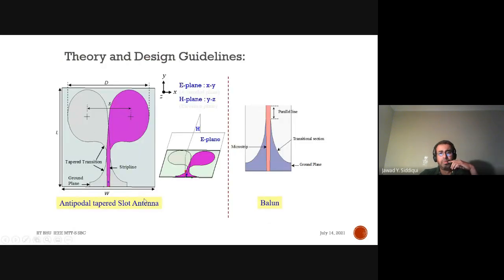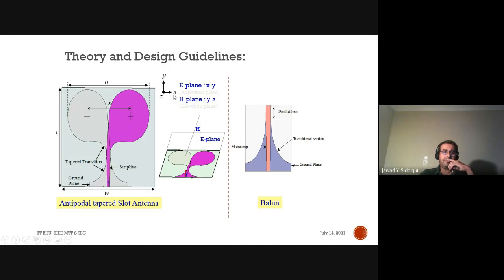So this is the Balun part, and this is the E plane and the H plane. The E plane is the plane consisting of the direction of maximum radiation and the orientation of the electric field vector. We know the electric field vector couples from this conductor to this conductor. So this is the orientation of the electric field vector, and this is the direction of maximum radiation in the Y direction, with the electric field in the X direction.